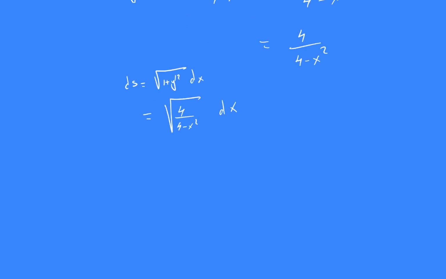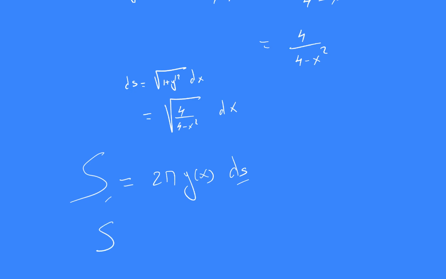And the surface area, the capital S, don't confuse the surface area with the arc length. The surface area is 2 pi times y of x times ds, the small arc length. Okay, this S is different than this s.